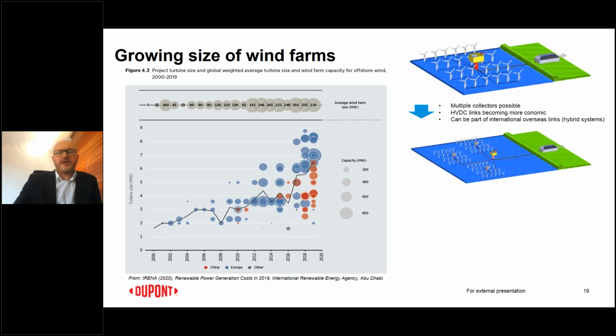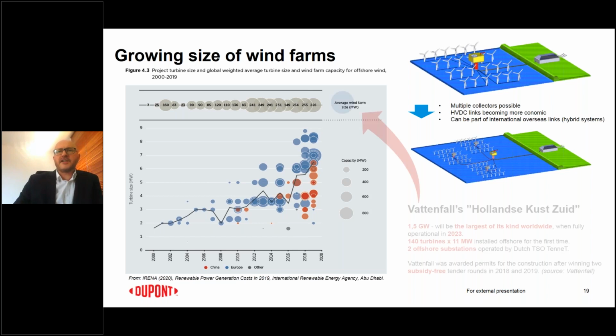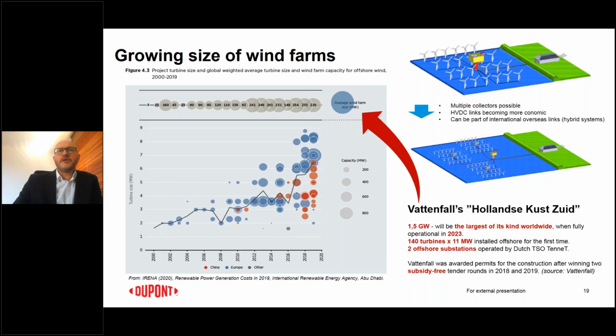And then we have this latest development announced for Vattenfall's Hollandse Kust wind farm to be operational in 2023, so 3 years from now. It's going to be 1.5 gigawatt capacity.